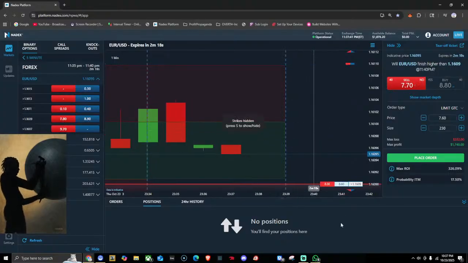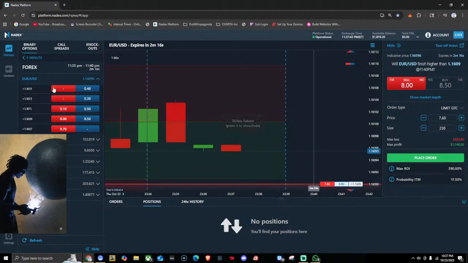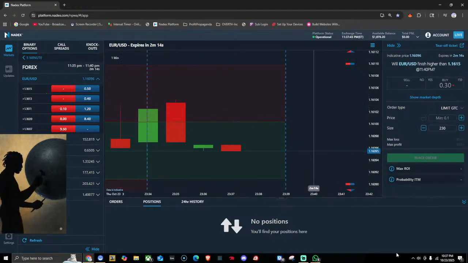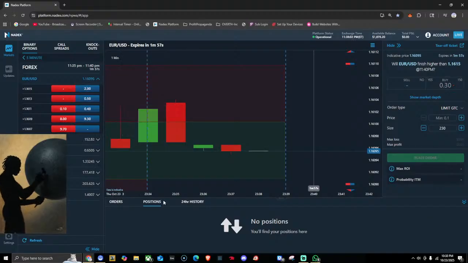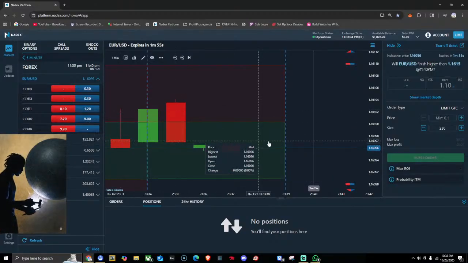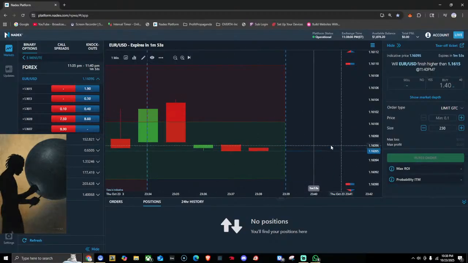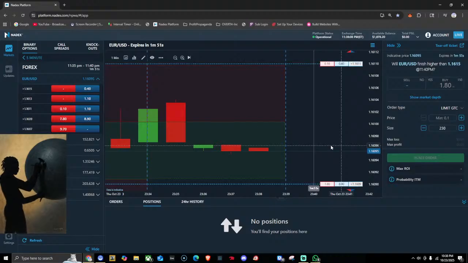Let's get rid of the strikes just to keep it interesting, and once the strikes become relevant or the opportunity window comes up, then we'll take a look. I guess I'll open it up now, so we'll bring those strikes in.